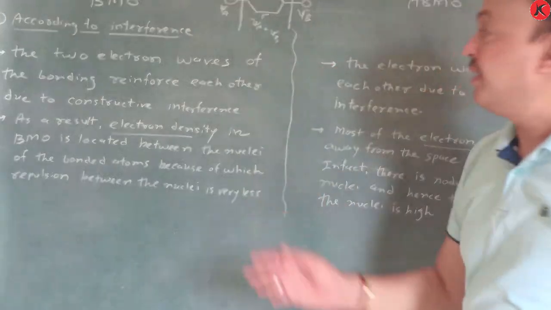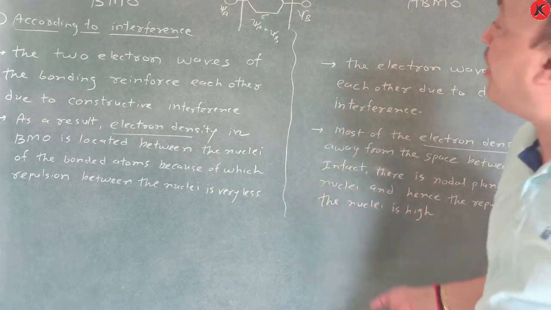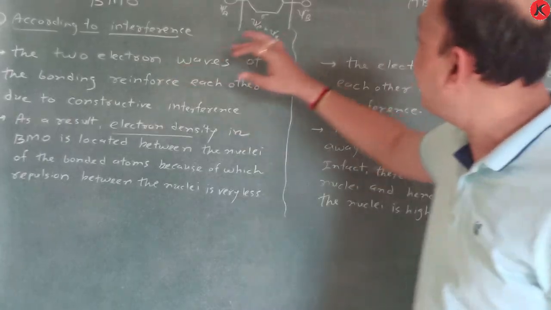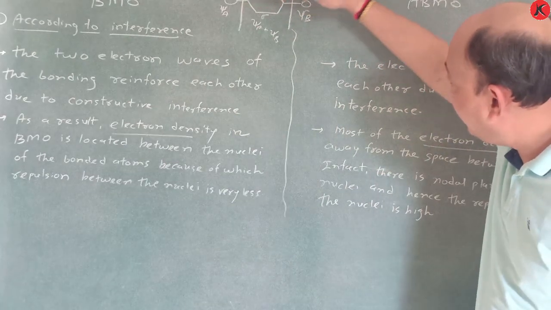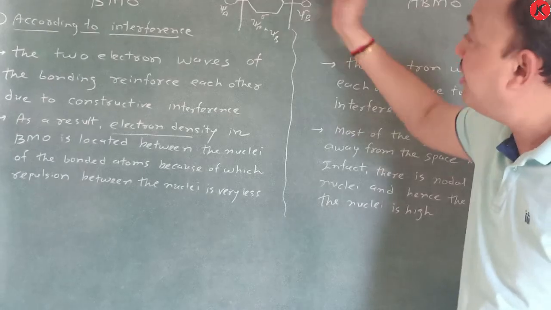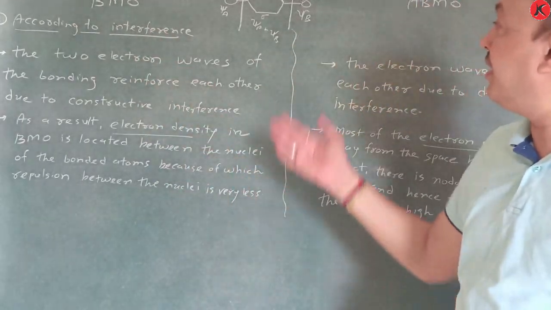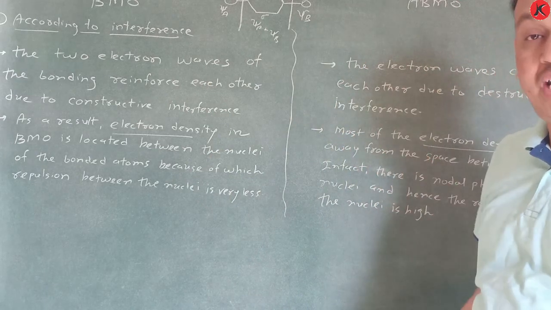According to that, BMO and ABMO are differentiated on the basis of interference. What is interference? This is the lower and this is the upper.